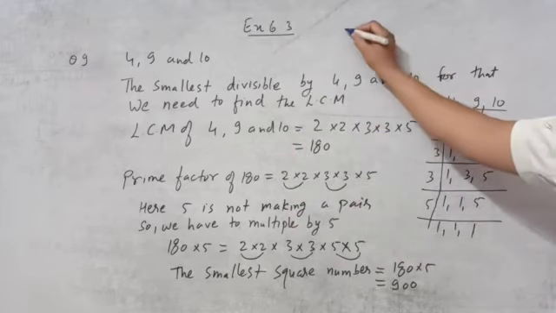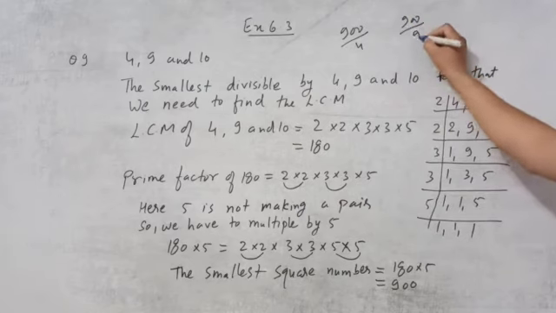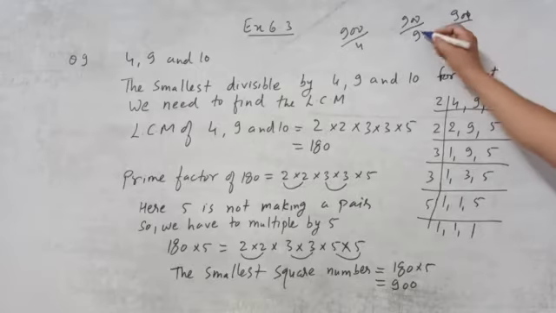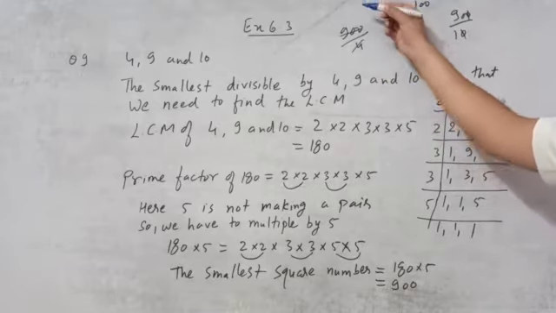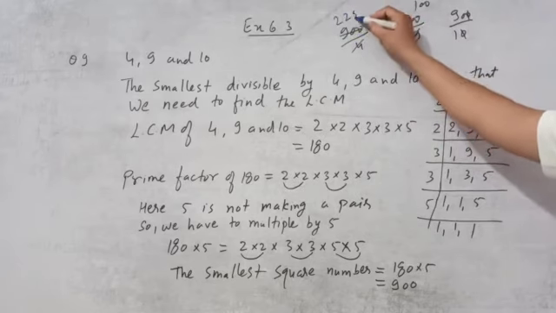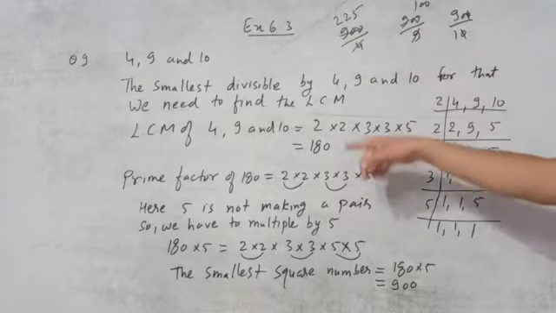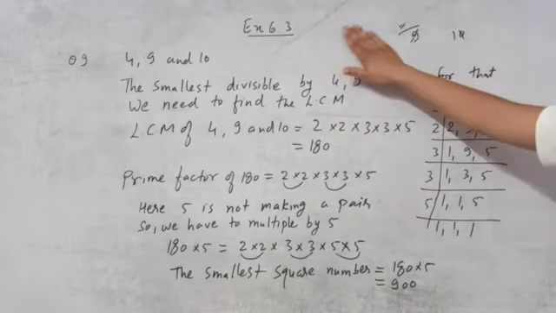If you want to check, you can: 900 divided by 4 is 225, 900 divided by 9 is 100, and 900 divided by 10 is 90. So we can see that 900 is divisible by 4, 9 and 10. This is our answer.